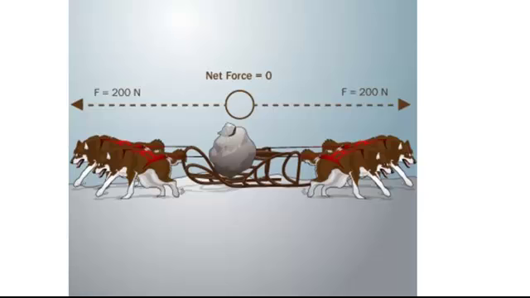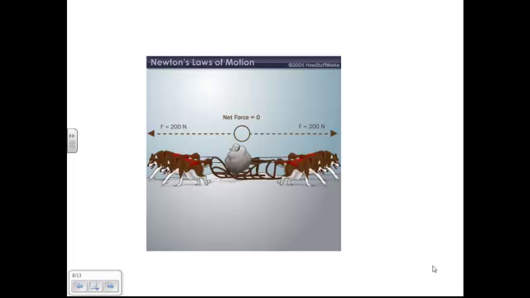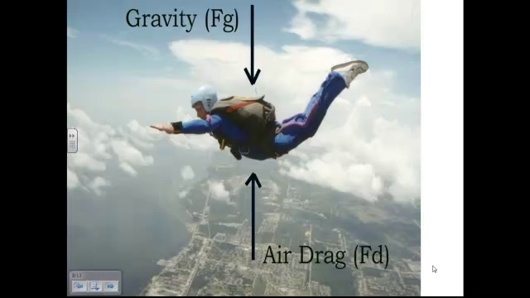It's at equilibrium. But you can also have a net force of 0 with something that is moving if it's moving at a constant velocity. Go back to the example that we talked about with skydiving. As you speed up and you're accelerating, you have an unbalanced force. But eventually when the air drag, the air resistance pushing upward becomes equal to the gravity pushing downward, and you've reached terminal velocity, you don't speed up anymore.